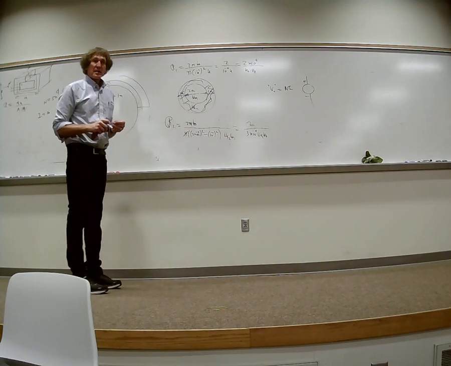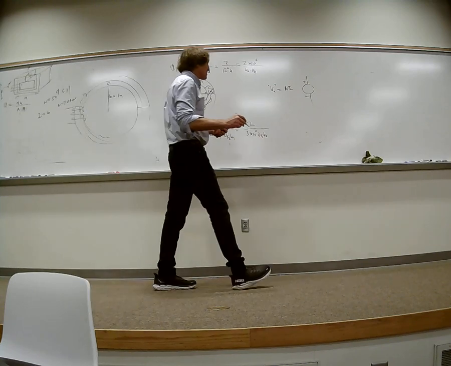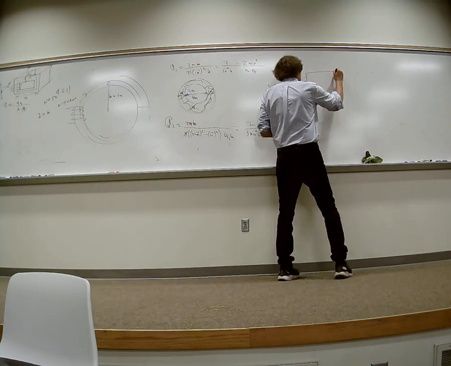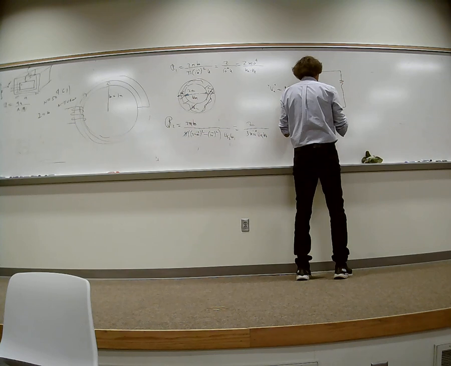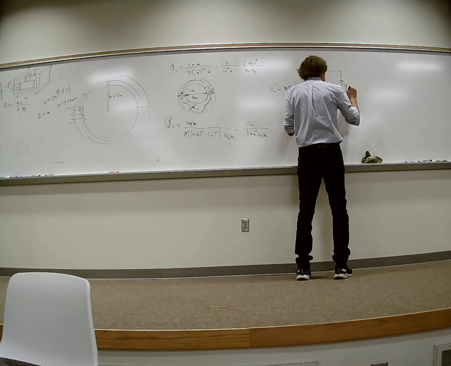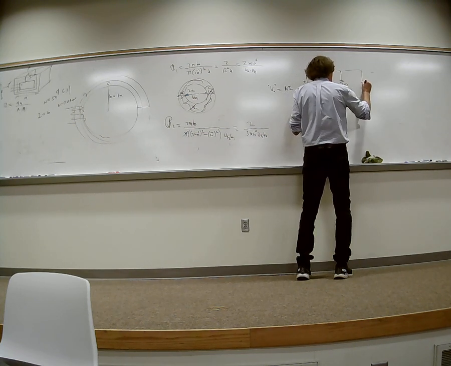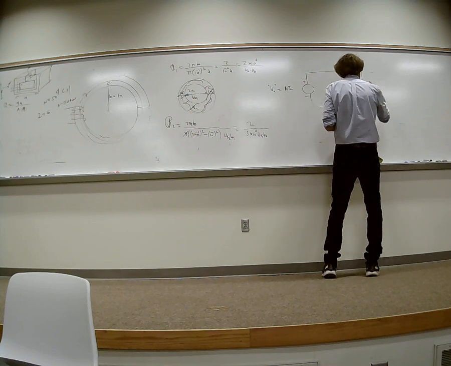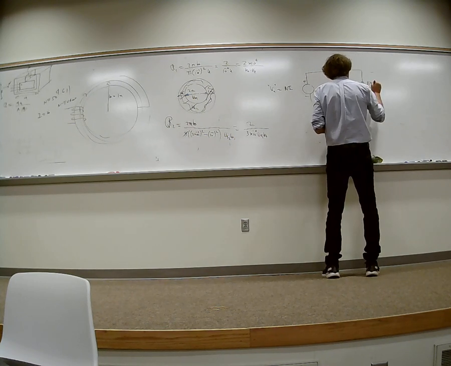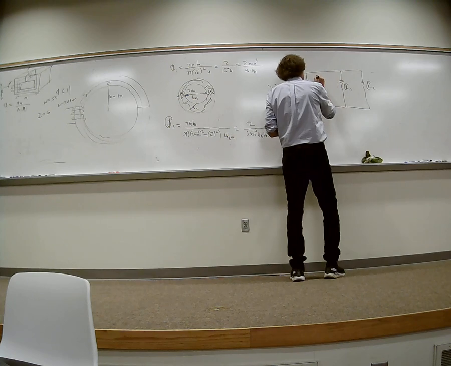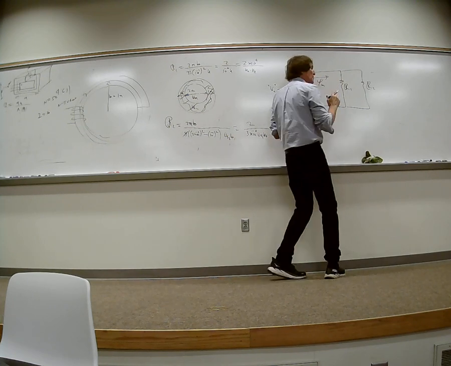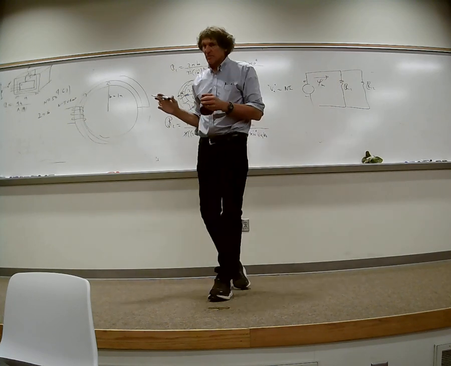They're in parallel, aren't they? You agree, class? So the circuit would now look like this, where I have the first reluctance here, and it's in parallel with the second reluctance. What does he want?